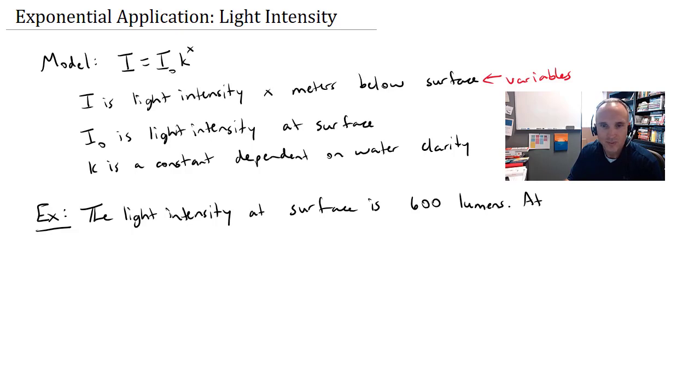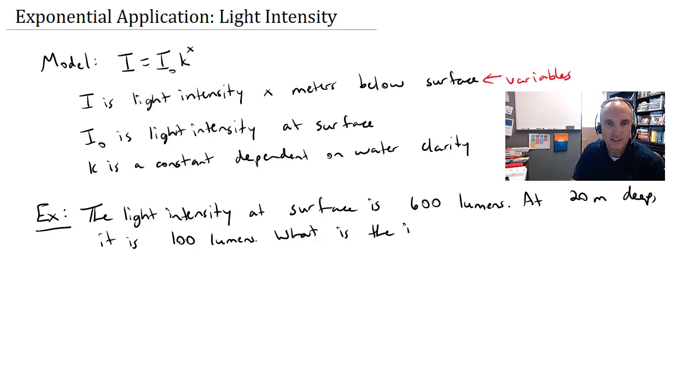At 20 meters deep, it is 100 lumens. Then we could ask the question, what is the intensity at, I don't know, let's say 8 meters? That's a good question.